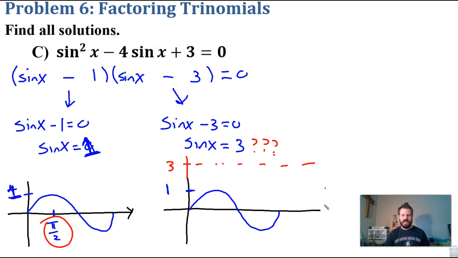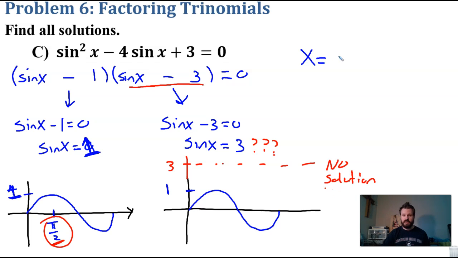Well, it doesn't. It never gets up to 3. So we could say no solution for this factor. That factor is a valid factor. It just doesn't give any solutions. It doesn't give me a way to make this equation equal to 0. After all that, I still do have the one solution from the first factor. So there's a solution to the equation, just not from the second factor.